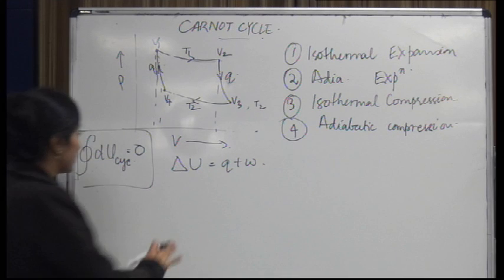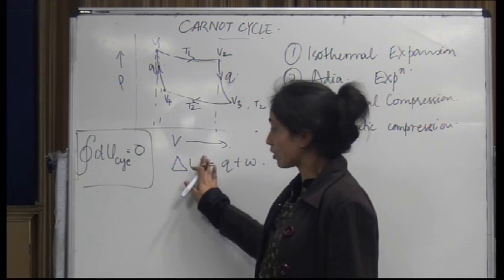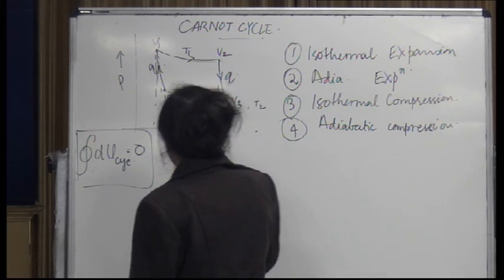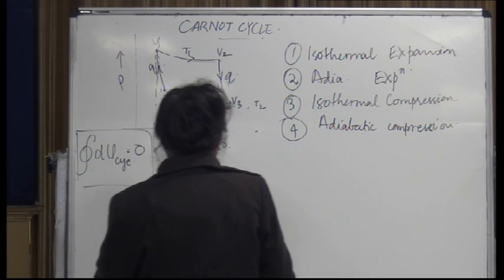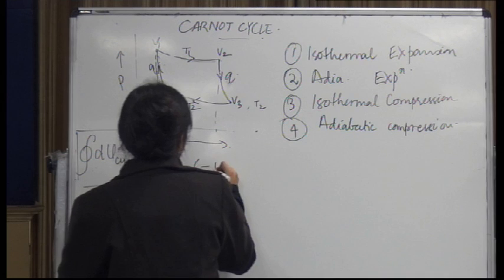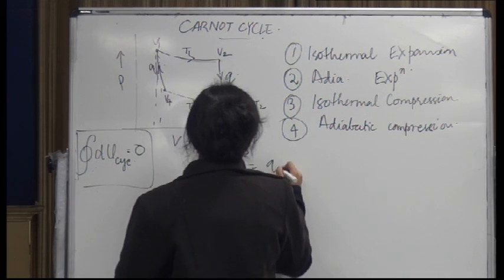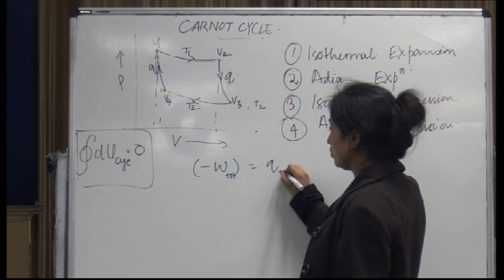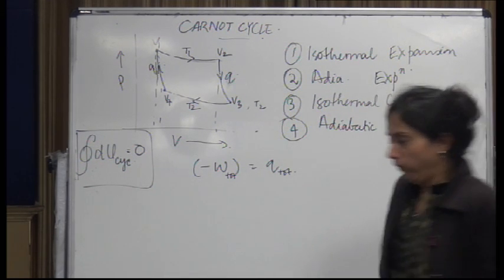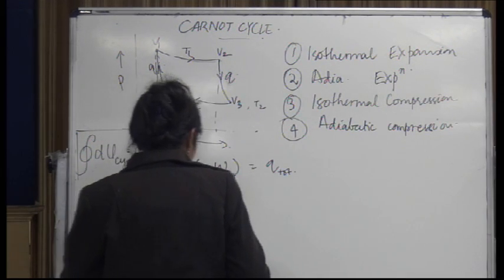So if delta U is 0 for a cyclic process, then in that case I know that my W will be equal to minus Q, or Q will be equal to minus W. So I can write down that my minus W total will be equal to Q total. Now what is my Q total?